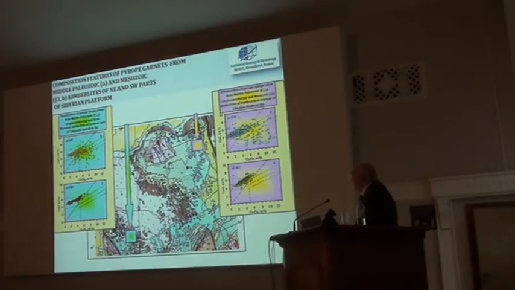And these Mesozoic kimberlites they have in this area, and in the same area they have also Paleozoic, mid-Paleozoic kimberlites. So they can compare xenogenic material from Paleozoic kimberlites and Mesozoic kimberlites as well.